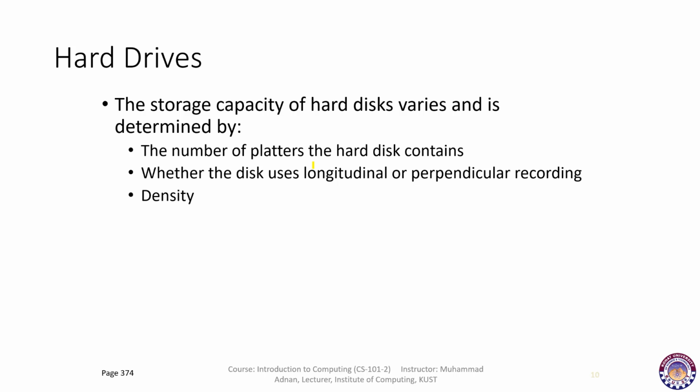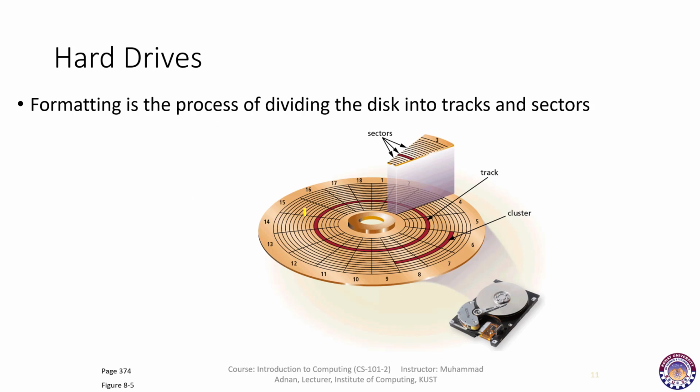The more platters, the more the capacity of the hard disk will be. It also depends on whether the disk uses longitudinal or perpendicular recording, and on the density of the hard disk. All of these factors are important, and they determine the storage capacity of the hard disk. You can now see the internal structure at a very abstract level.